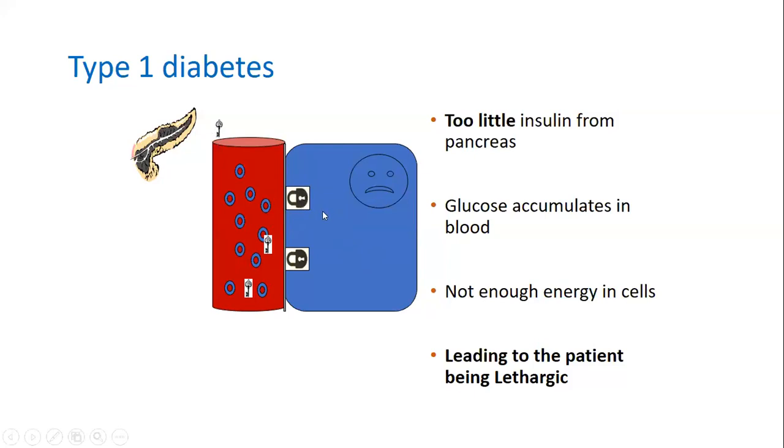So the padlocks cannot open. Therefore, the glucose will just remain in the bloodstream. And that's how we get hyperglycemia. So in the blood, there's a lot of glucose. But the cell is surrounded by very high levels of glucose, and it's not getting into the cell. So the cells are starved of glucose. And this is what leads to the patients being lethargic.